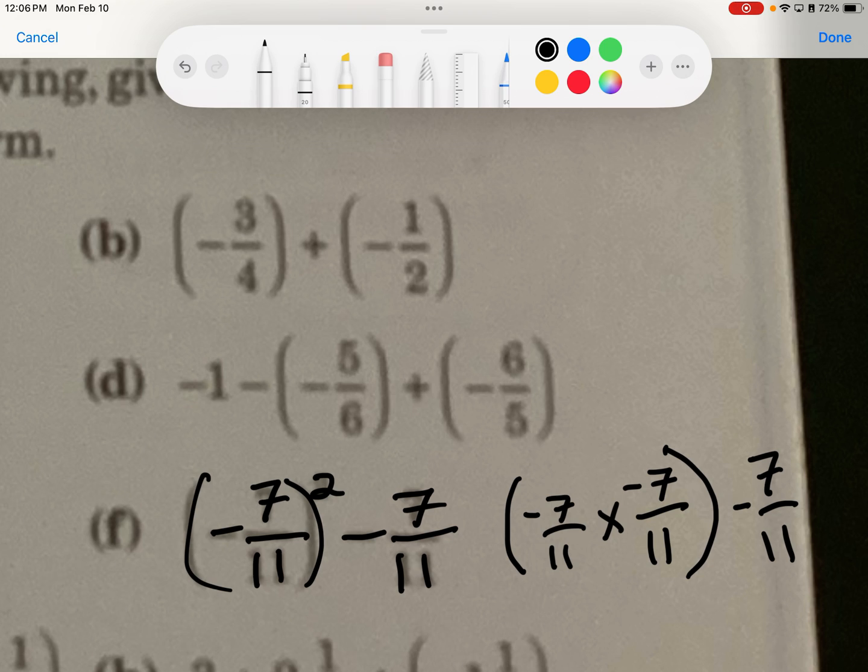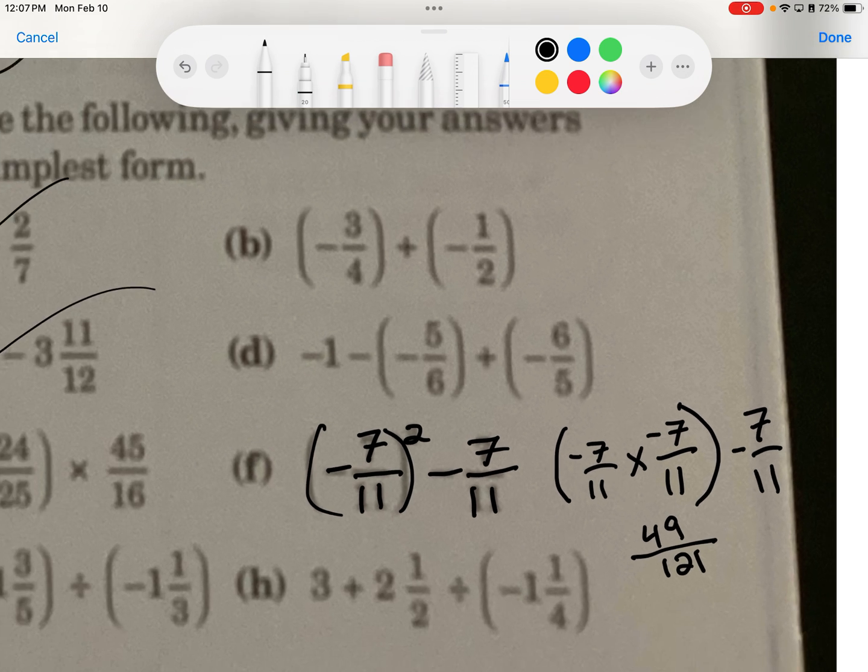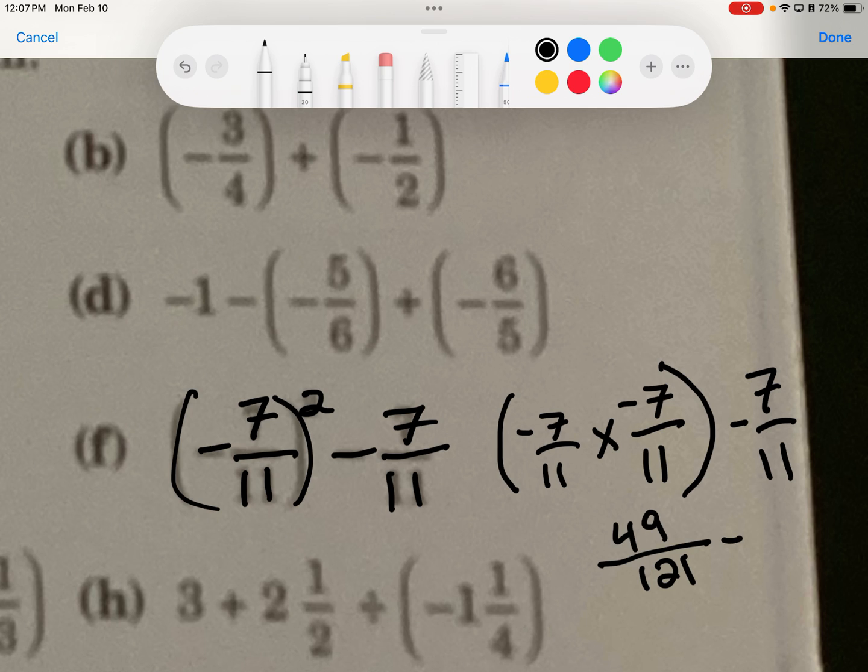Okay, so that's 49 over 121. Yep, 49 over 121. Now that's a negative, by the way. No, it's a positive, because we're multiplying two negative numbers. And then we add negative 7/11.